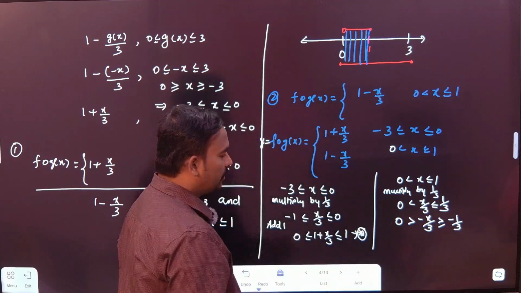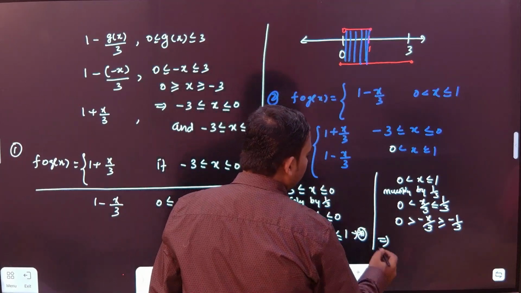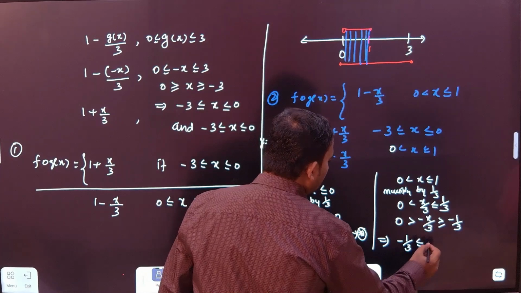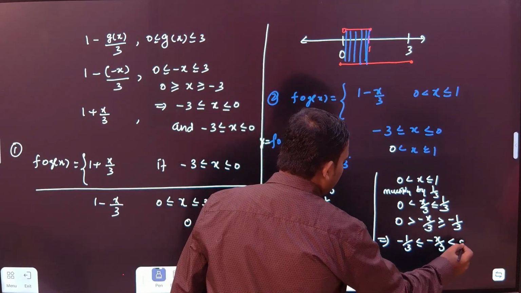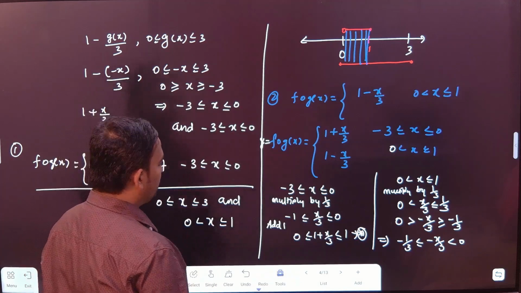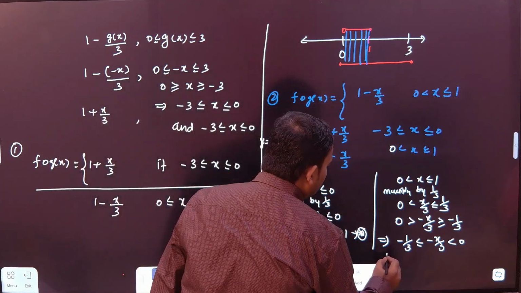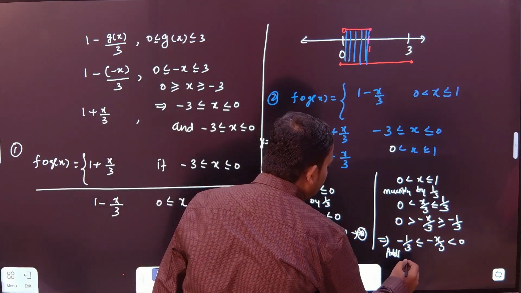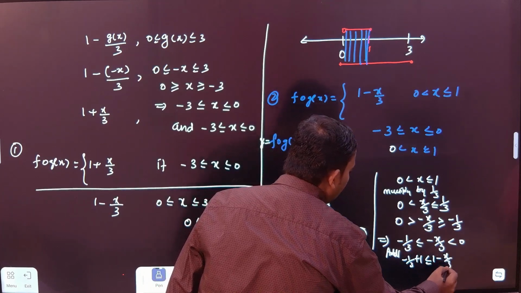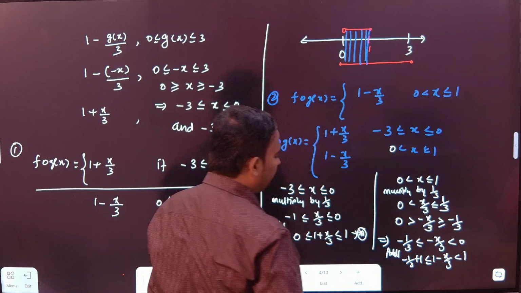So, you rearrange it in ascending order, right? Minus 1 by 3 less than or equal to minus x by 3 strictly less than 0. Now, you can add 1 both sides.